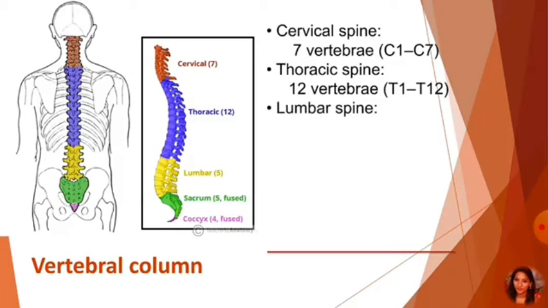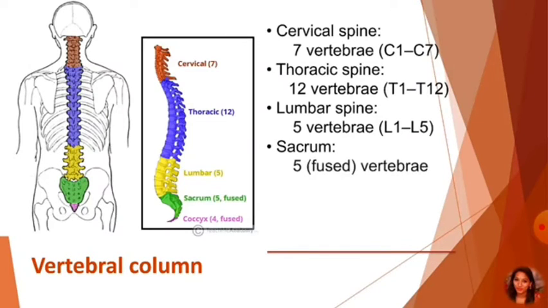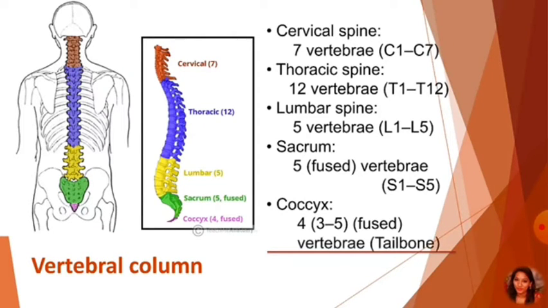Then downward, the lumbar spine is 5 vertebrae. The sacrum is there, actually it is 5 vertebrae but they are fused, so consider as 1 bone. Then the coccyx is there at the end, 4 fused bones. So likewise, total here we can see that the vertebrae are 26 in number.